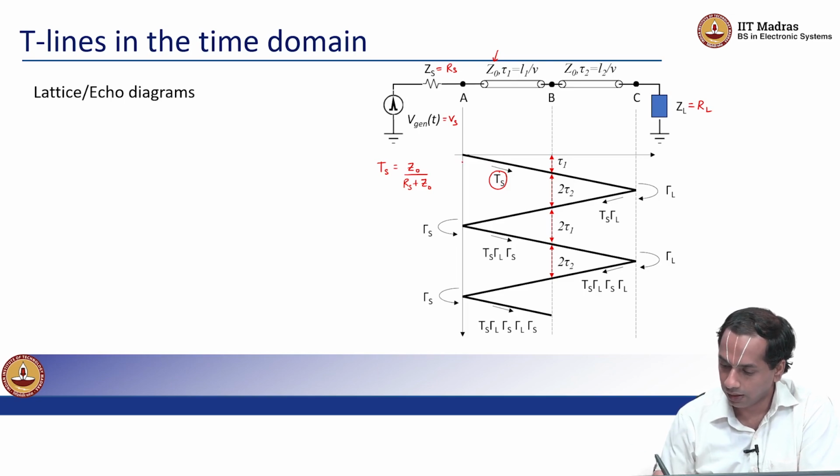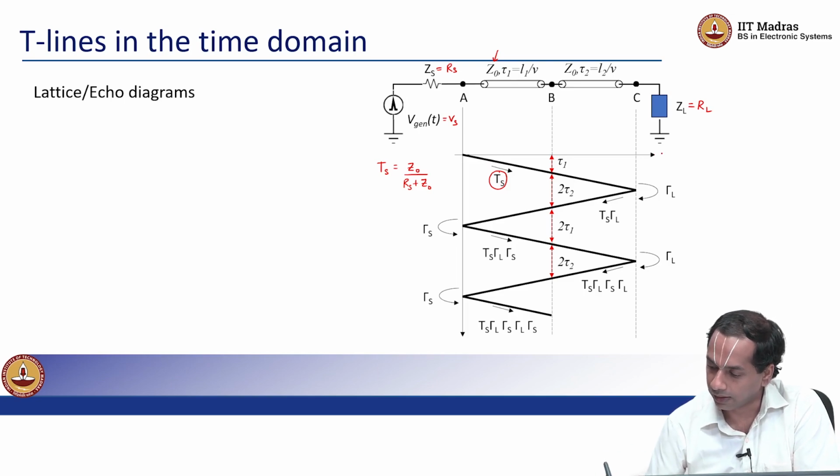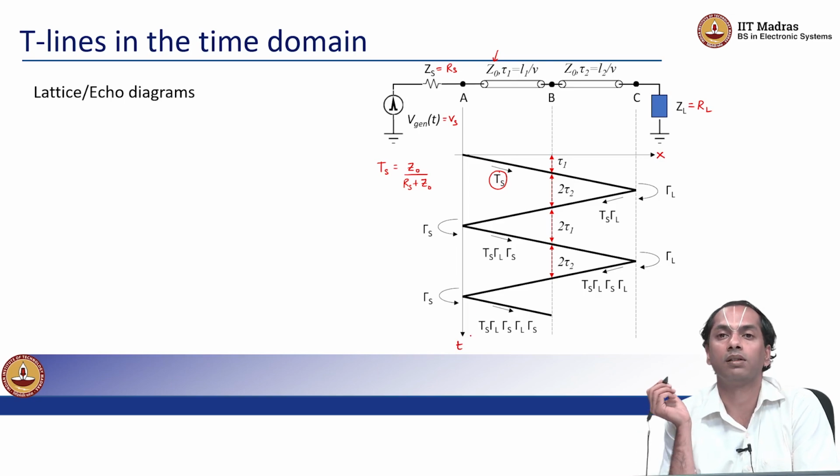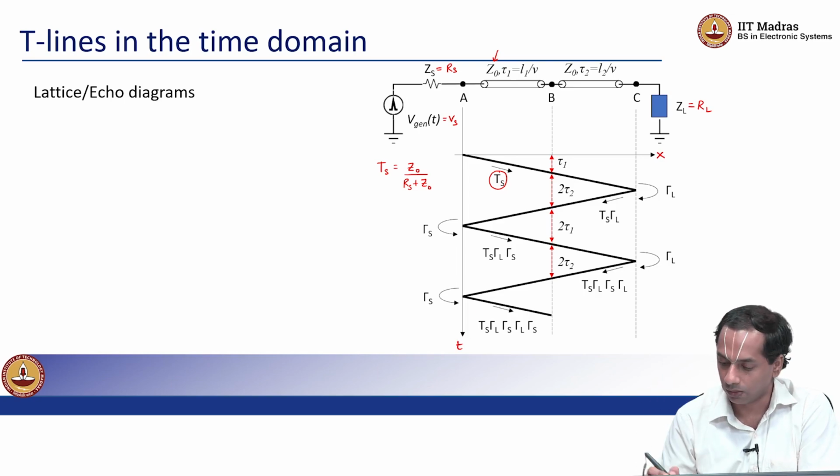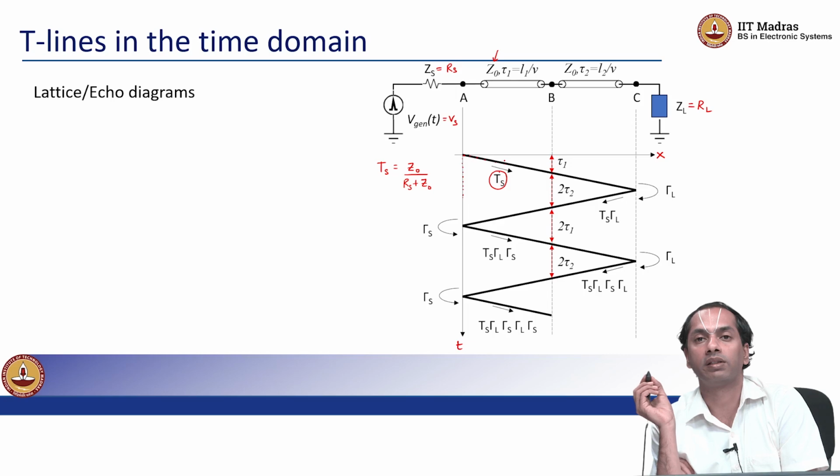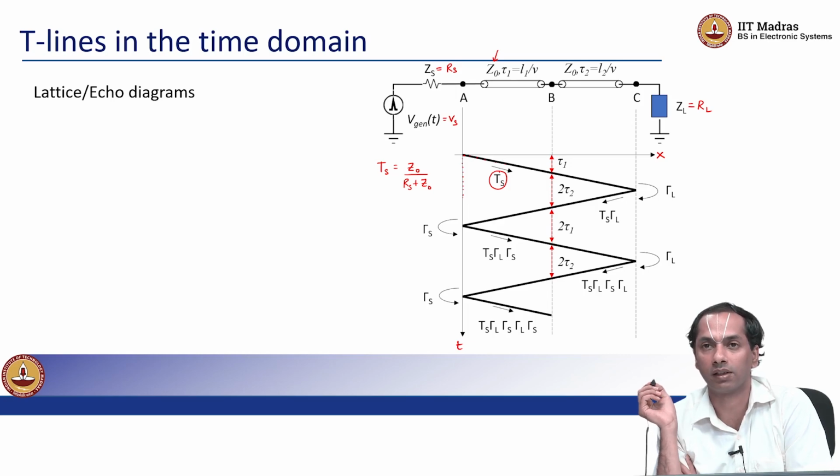So, this axis is x and this axis is in time, right. So, for future times, right, we are noticing that the voltage is essentially traveling to different points along the transmission line, right.